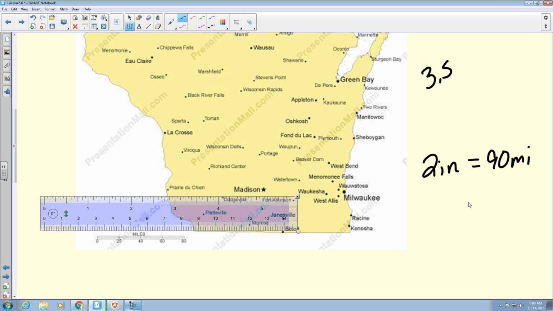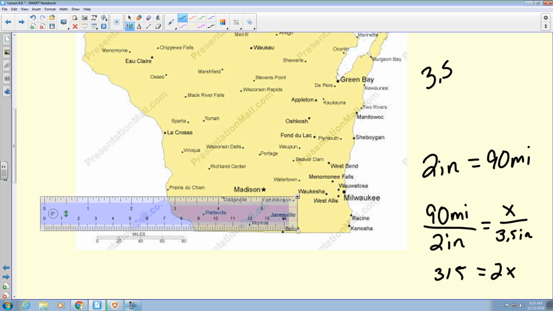So what you could say here is 90 miles over 2 inches, because those are proportional, is equal to x, the mileage from La Crosse to Fond du Lac, over the measurement of 3.5 inches. You can do the cross products to figure out the value and get pretty close. 3.5 times 90 is 315, and that equals 2x.